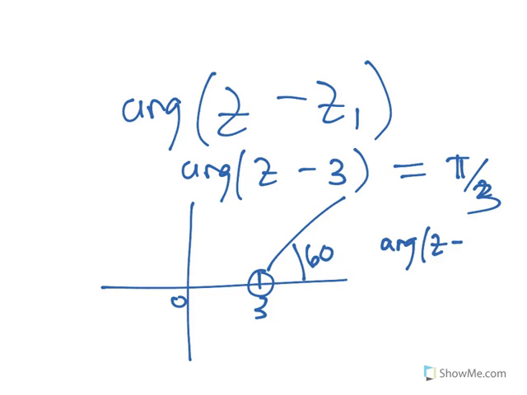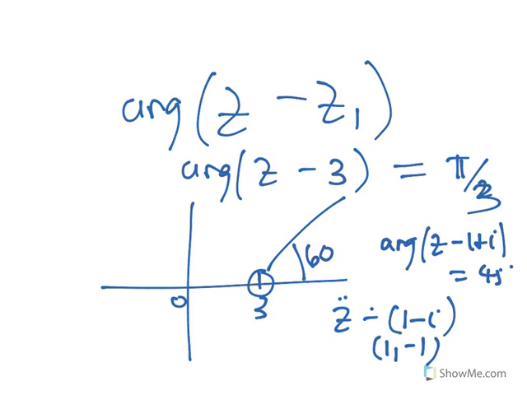But if I went arg of (z minus (1 plus i)) and I tell you it equals 45, that is the angle measured from the point 1 plus i, which is 1, 1, which is there, that means you're running that angle, and that angle is at 45 degrees.